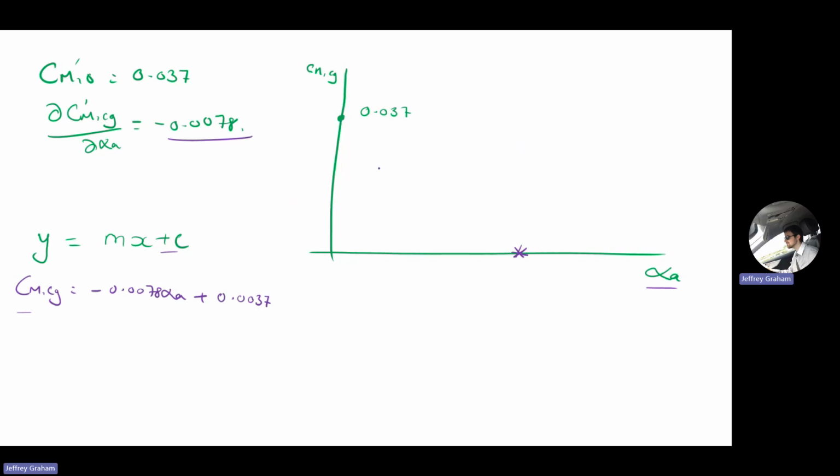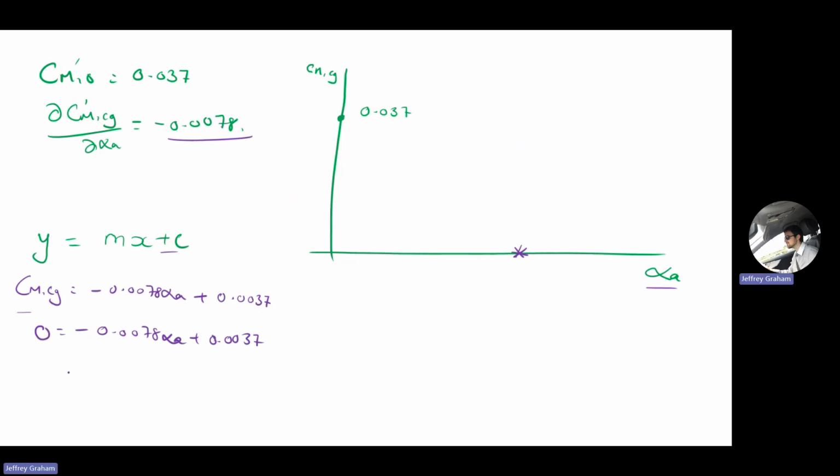We're going for that point there. We know on the y values that is 0. Right, so we're going to go 0. We're going to rearrange this for our trim angle or alpha A.